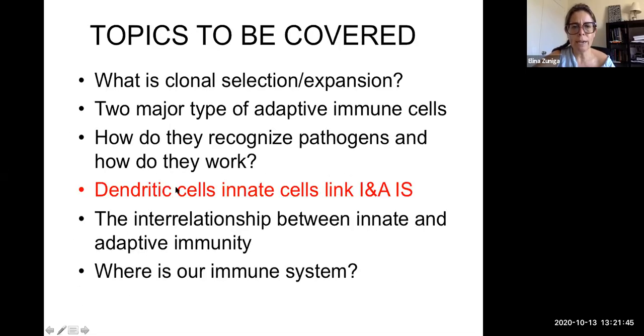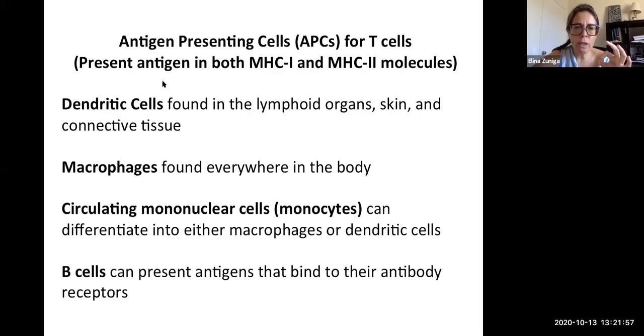So let's look at the dendritic cells, which are also called the most potent antigen-presenting cells, because they are key to activate the naive T cells. These antigen-presenting cells can present antigens in class 1 and in class 2, okay?